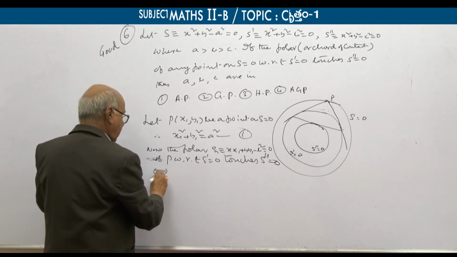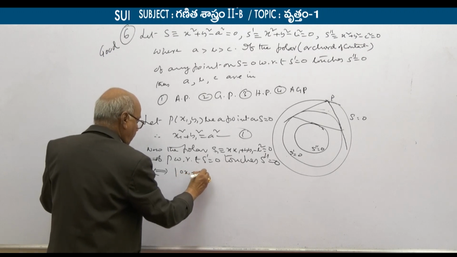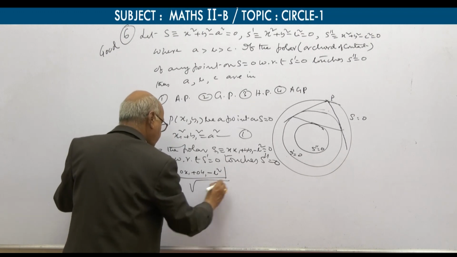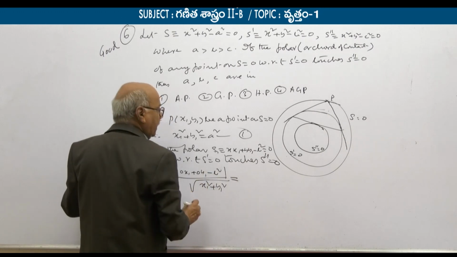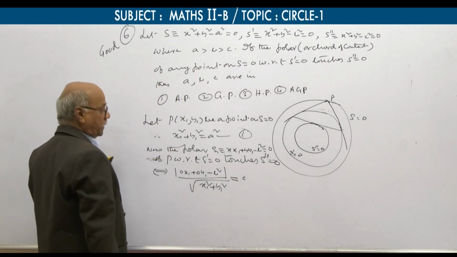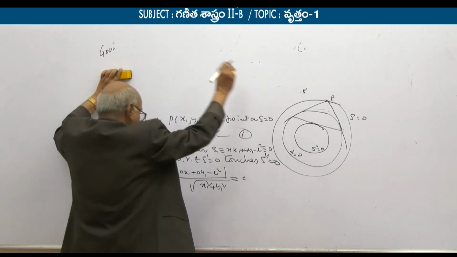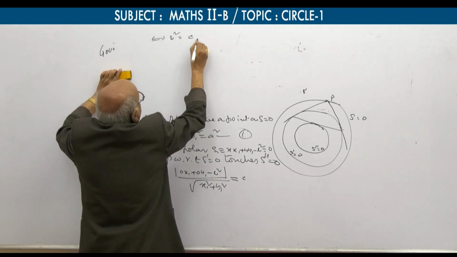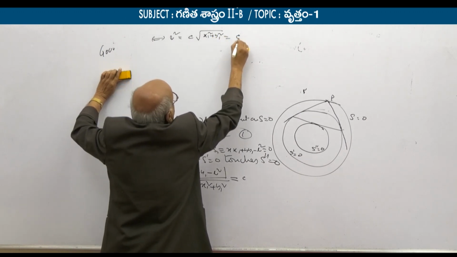That is if and only if 0 into x1 plus 0 into y1 minus b square, by square root of x1 square plus y1 square, must be equal to the radius. Radius means c, the radius of the circle S double dash equal to 0. So that is if and only if b square is equal to c into root over x1 square plus y1 square.